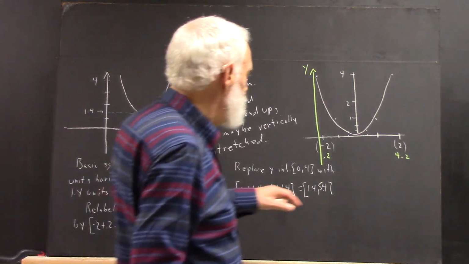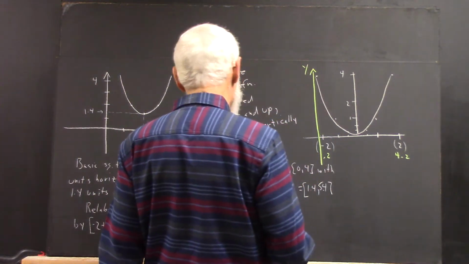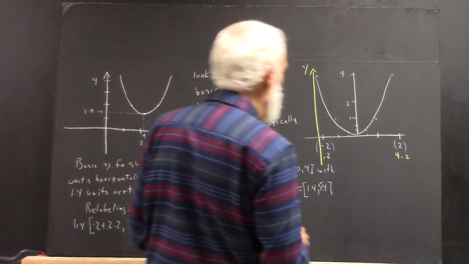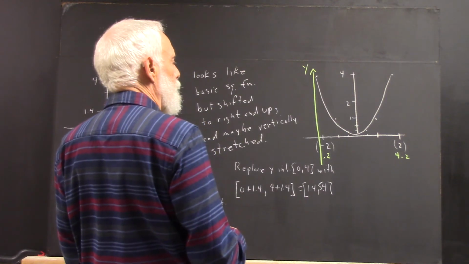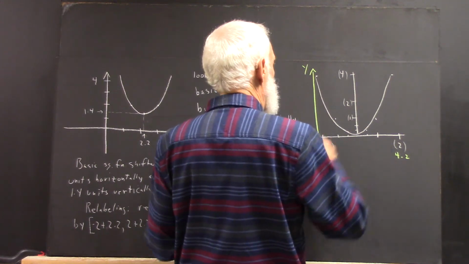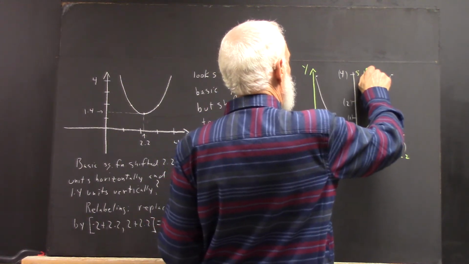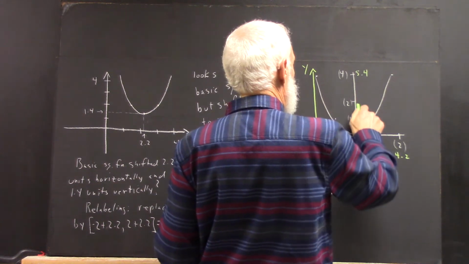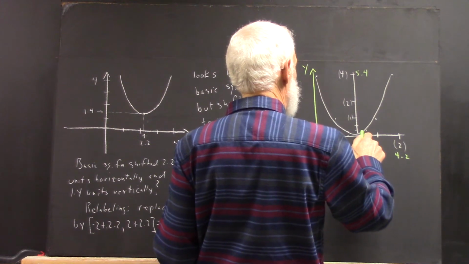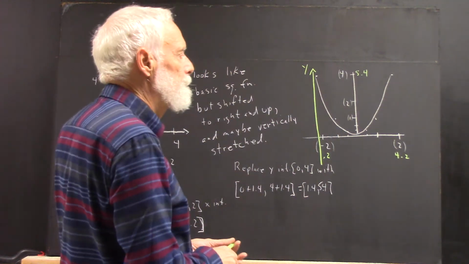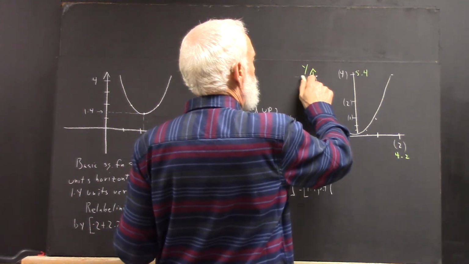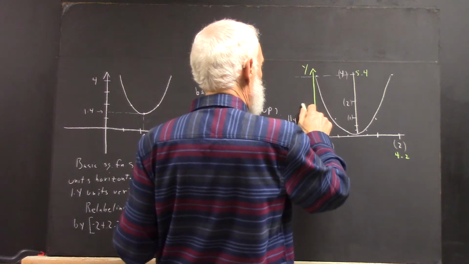And then, where's our x-axis going to be? Well, 4 is going to become, parentheses here, 4 is going to become 5.4. 0 here on the y-axis will become 1.4.